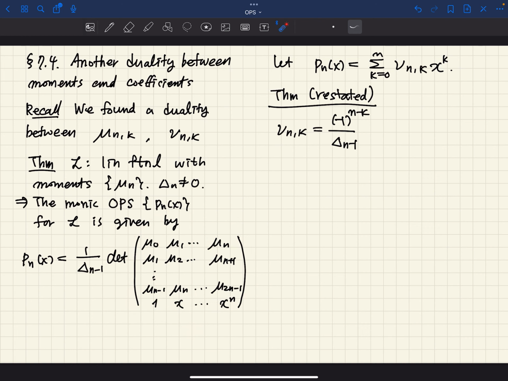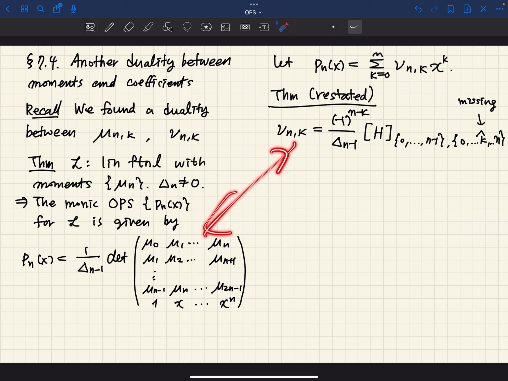So we can write this as a Hankel matrix minor, where the row indices are 0 to n-1, and the column indices are 0 to n with the k-th column removed. So these two are equivalent. We will prove this.